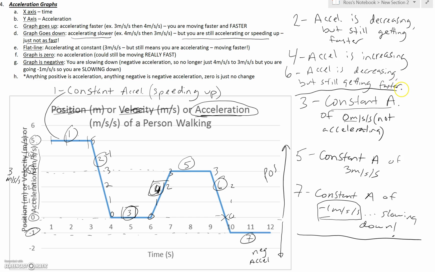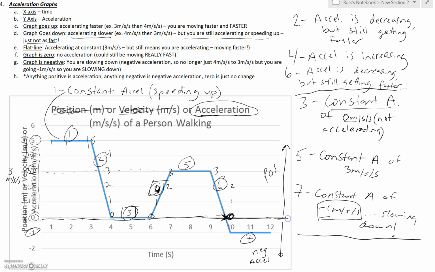Like you are still getting faster until we hit this x spot right here. Once we hit that x spot, we stop accelerating. And as soon as we go anywhere below it, we are now in negatives, right? We have crossed over from the positives. Here's our negative line.